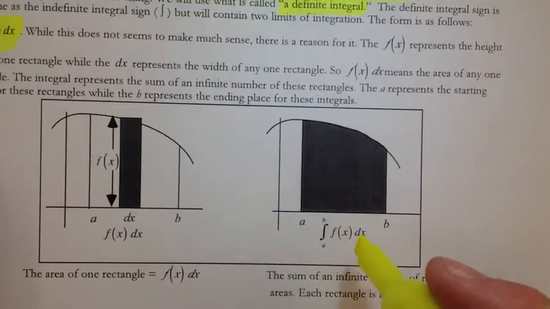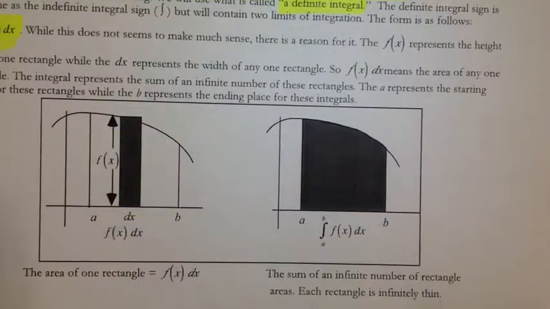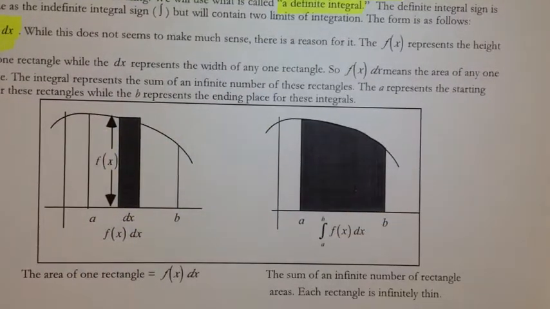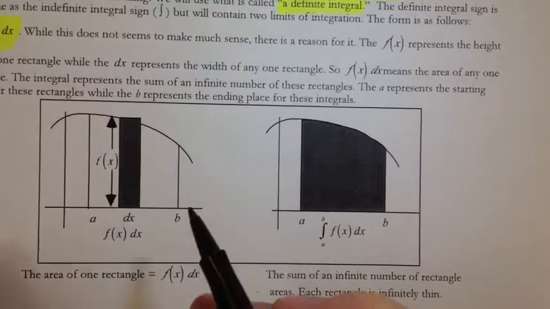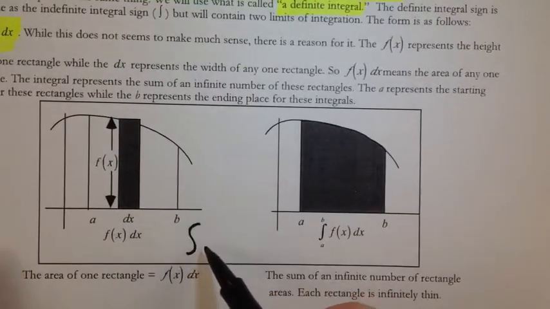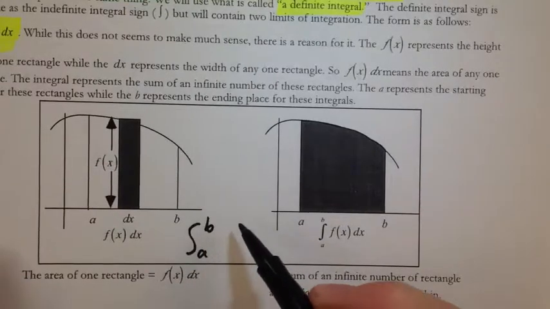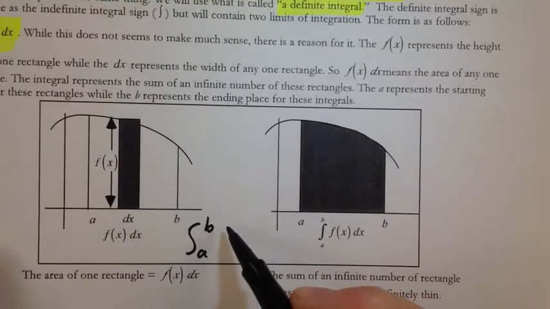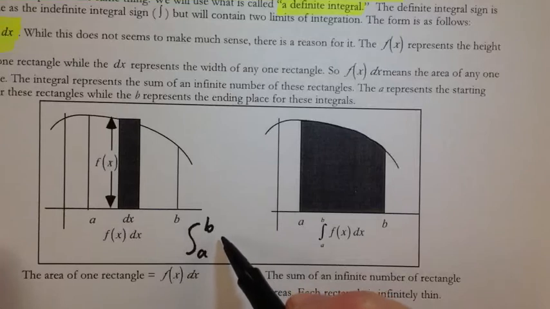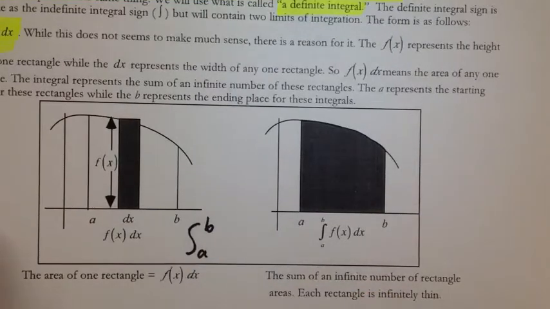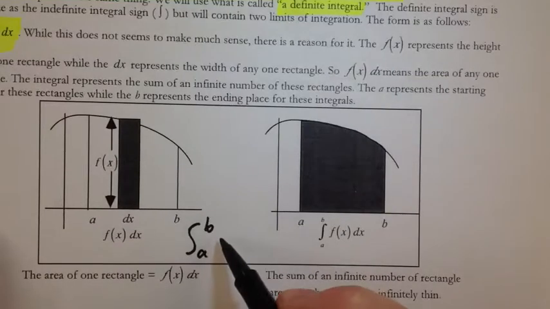So this here's f of x, and I do want to point one other thing out. When you're finding the area between a and b, what you're really doing is adding up an infinite number of rectangle areas. I want you to start thinking about the definite integral as adding up an infinite number of things.